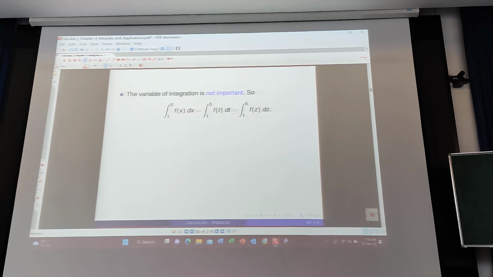Next. The variable of integration is not important. Want to find the integral of f(x) dx, want to find f(t) dt, want to find f(g) dg, all are the same. Bởi vì đều là limit của cái tổng Riemann cả. Vậy ba cách viết này, variable không quan trọng. Nhưng mà indefinite integral, đấy là khác nhau đấy.